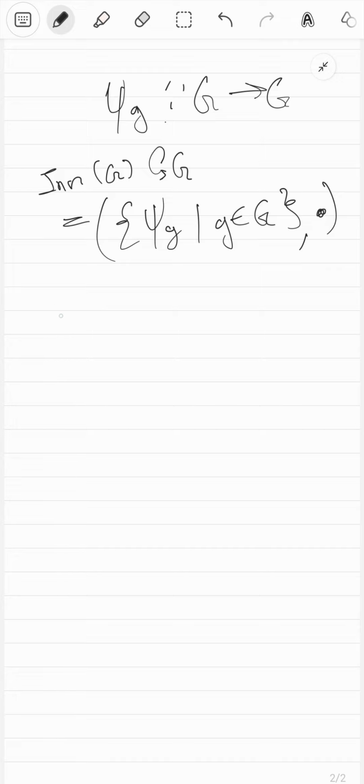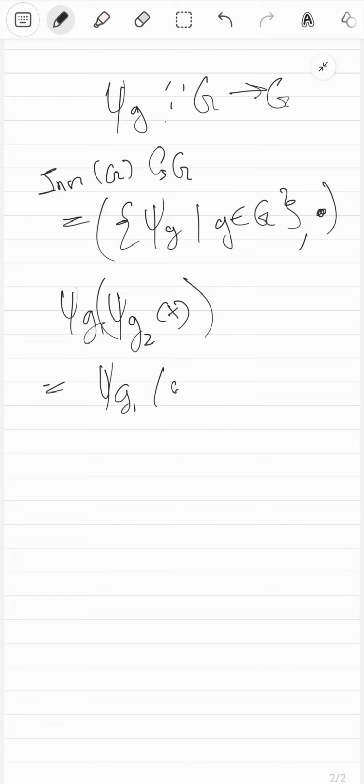So how do we think about the function composition of, say, psi g1 and psi g2? Well, we just think about what's going to happen when we apply this on some element x, right? x is in capital G, obviously. So this just gives us psi g1 of g2 x g2 inverse.